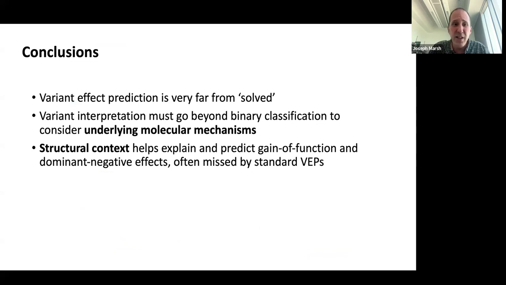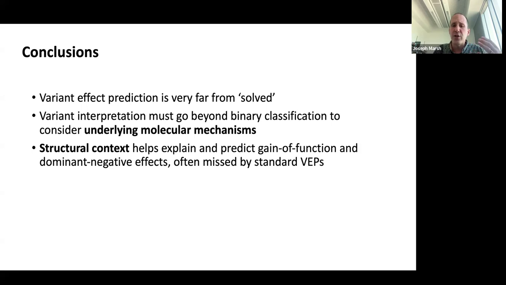So just to conclude then, I guess variant effect prediction is very far from solved. We've seen some really dramatic improvements over the past 10 or 20 years. The last few years, we're starting to see structure turn out to be very important within these models, but they're still not really considering mechanism. So we think that the important thing is that variant interpretation must go beyond these kind of binary classifications to start considering underlying molecular mechanism.